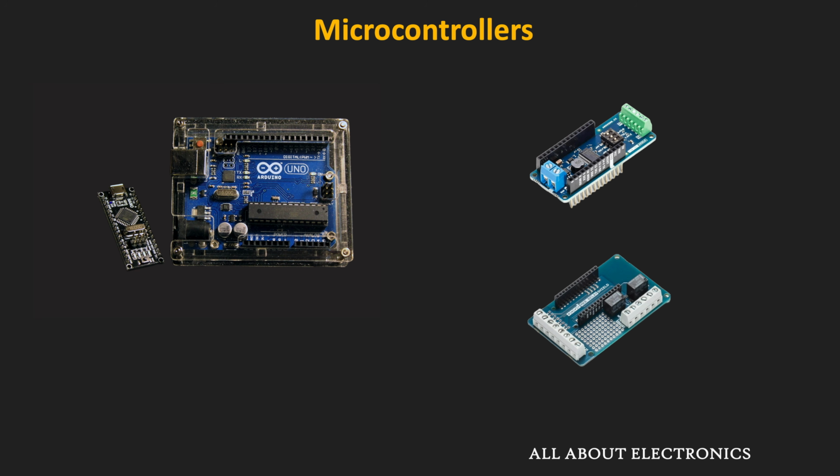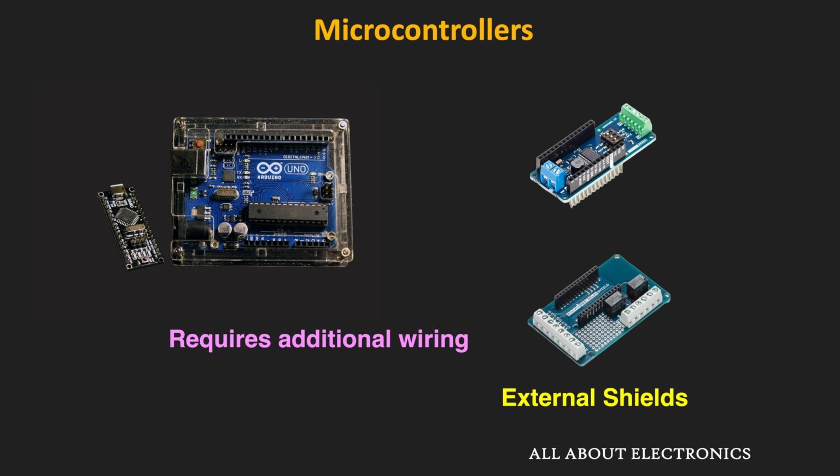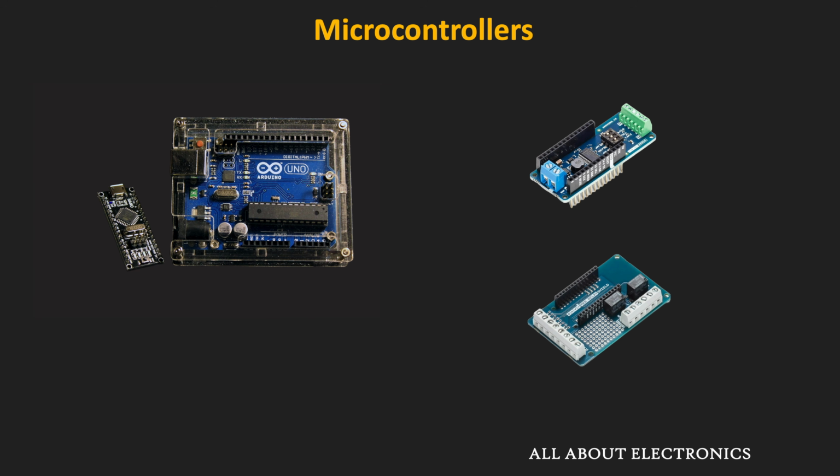So for example, in the given microcontroller, if we want to add additional IO ports, or if we want to add an additional relay module, then using the external shield, it is possible to do that. But for that, we need to do additional wiring with the existing microcontroller chip or the microcontroller board. While in case of the PLC, it can be done very easily.